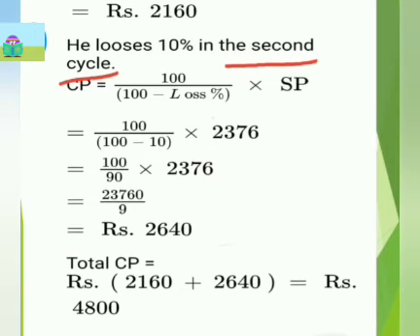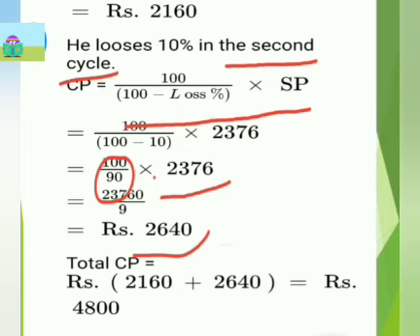Using the formula 100 upon (100 minus loss percent) multiplied by the selling price. So 100 upon (100 minus 10), and that will give you 100 upon 90 multiplied by the selling price, which is equal to 2376. When you solve, you will get the CP as 2640.